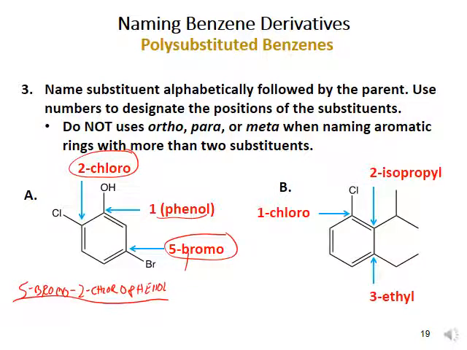That's it. Over here, since benzene is the parent, we're going to end up with a benzene. And what is it? Well, what comes first?